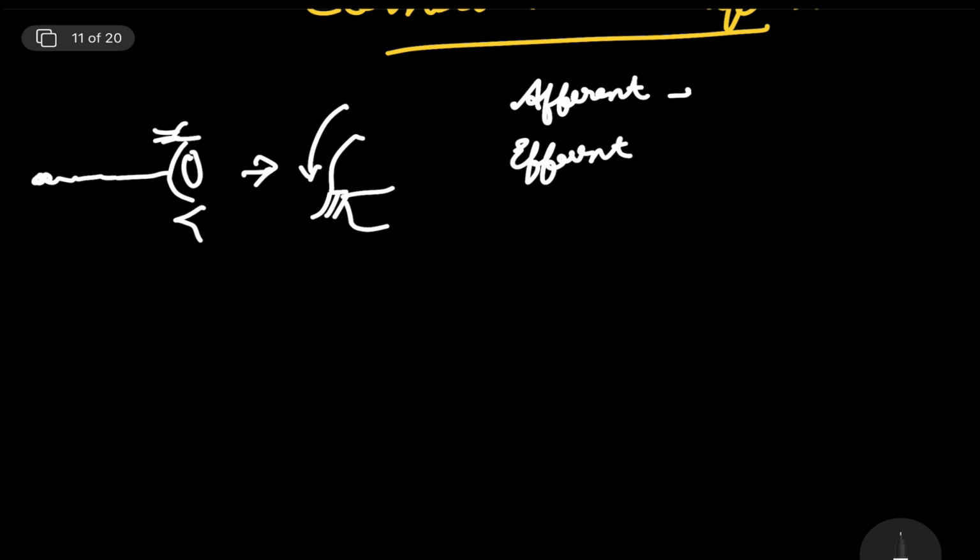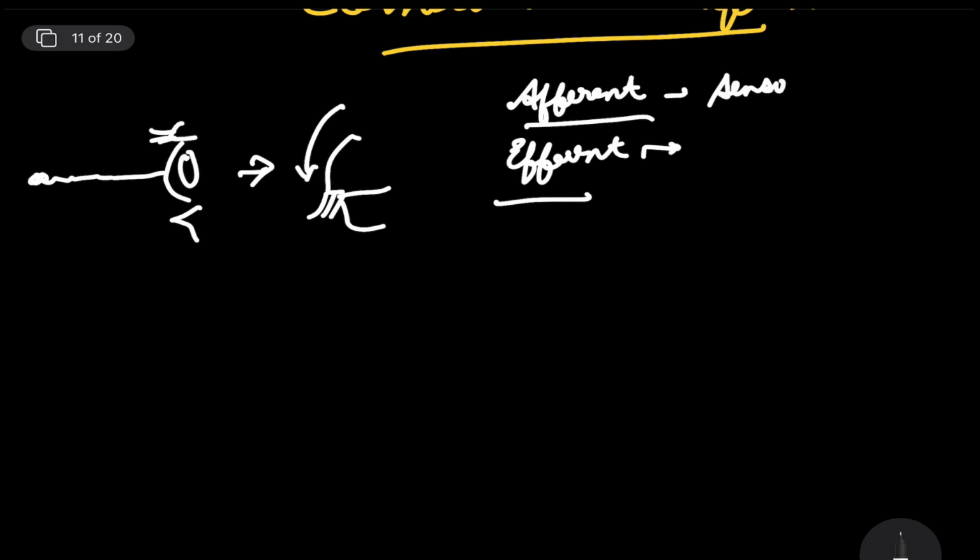And then from the brain, the efferent pathway is another nerve that carries the motor sensation towards the effector muscle. Basic biological knowledge, nothing to elaborate here. The afferent pathway is the sensory pathway and the efferent pathway is the motor pathway.